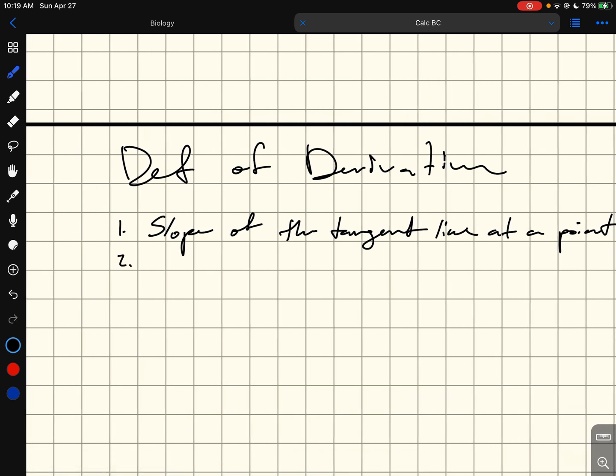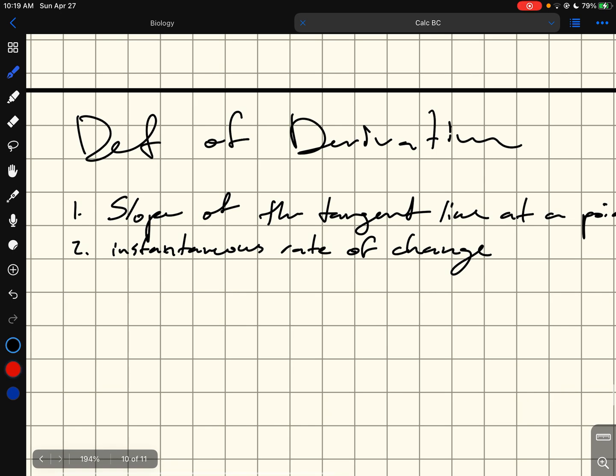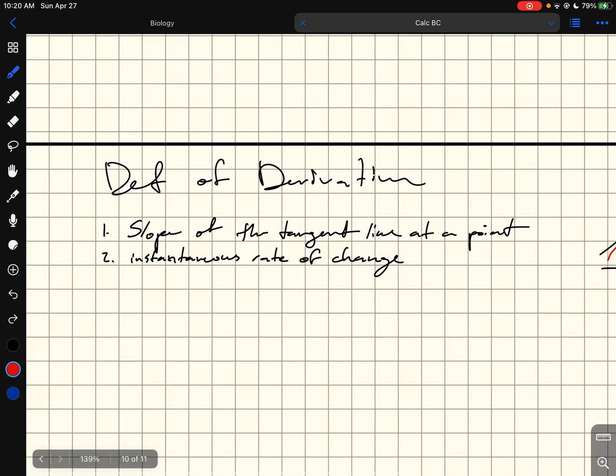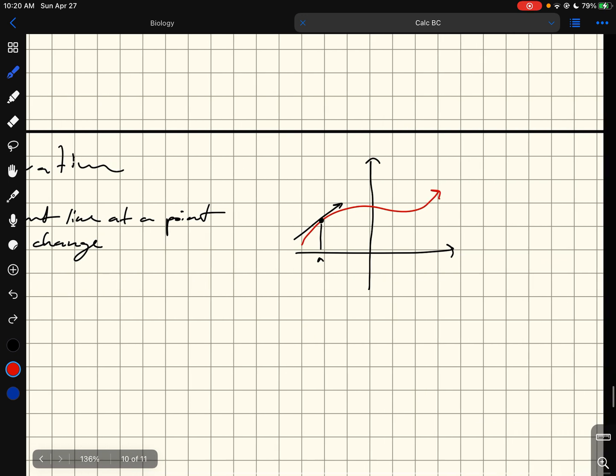Another way that your math problems might say derivative is instantaneous rate of change. This instantaneous rate of change means derivative, they just say it using four more words, I guess.